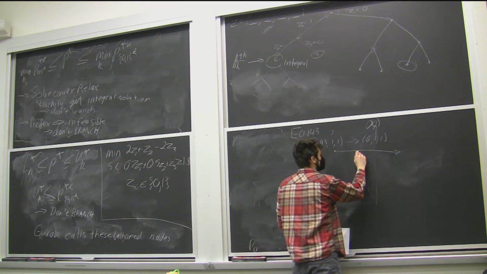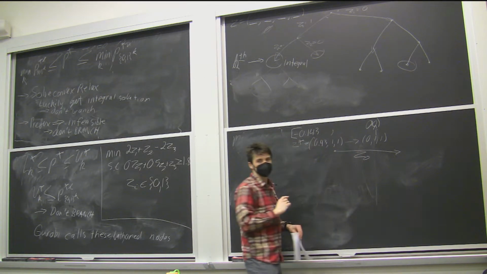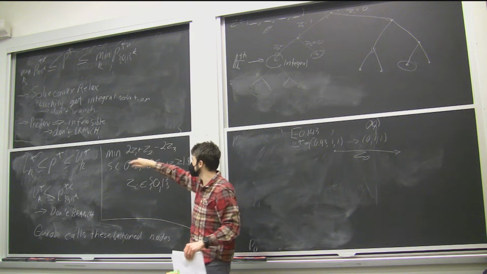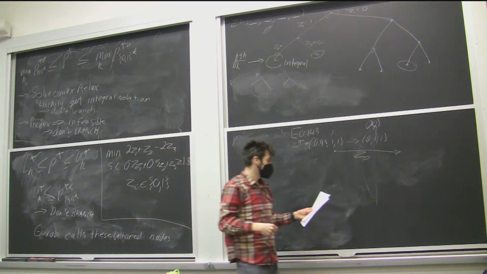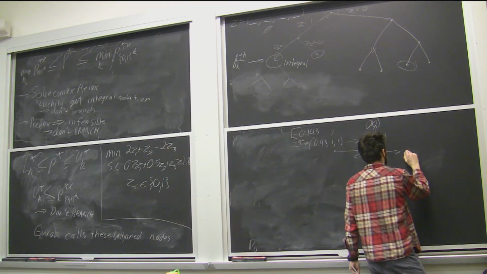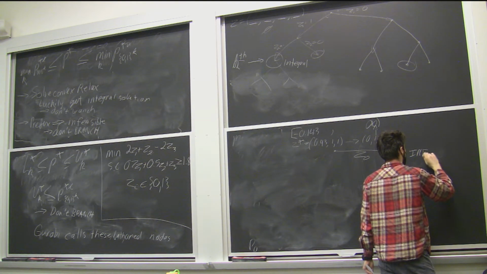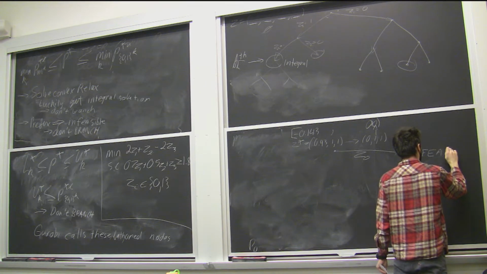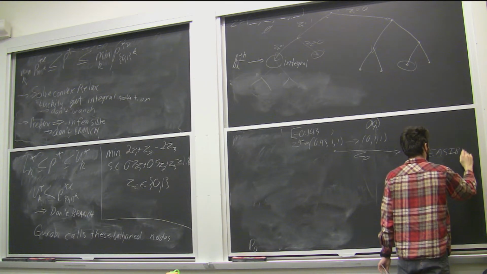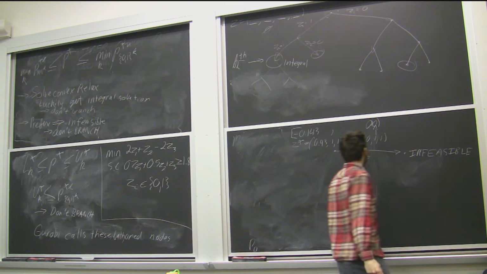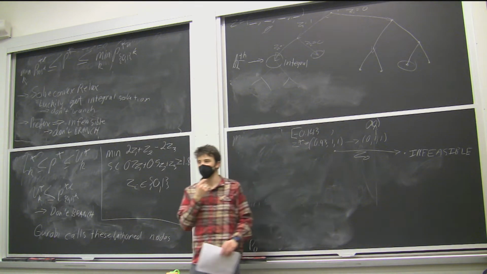All right, so I'm going to go down the branch z0. So I'm going to set z1 to 0. This results in an infeasible problem. Did I need to go down this branch?